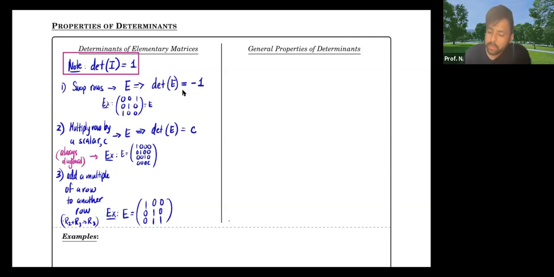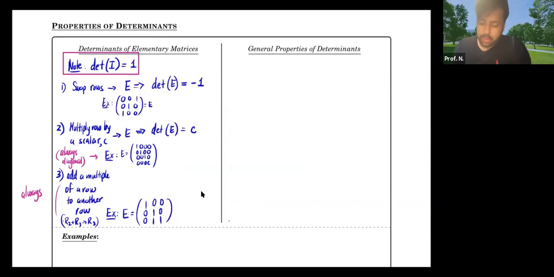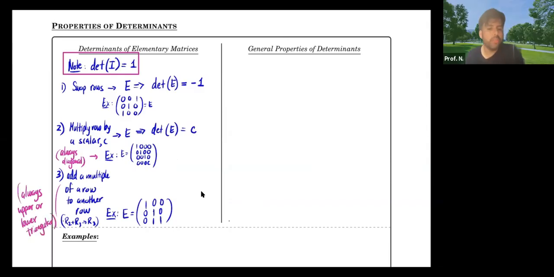What kind of matrix will this always be? Triangular? Yes. It will always be either an upper or lower triangular matrix.